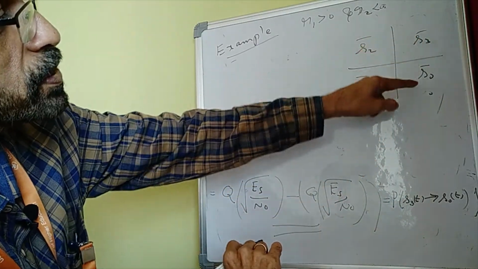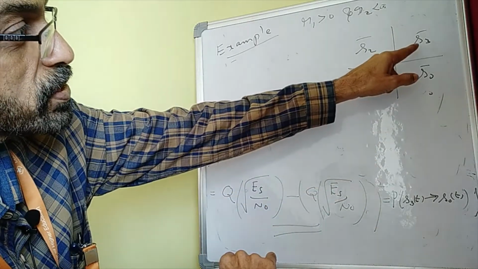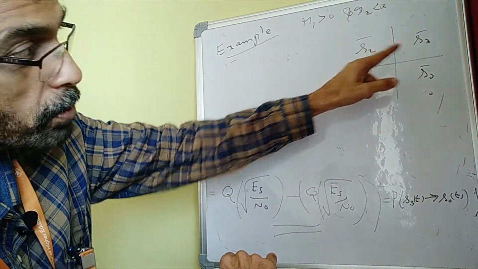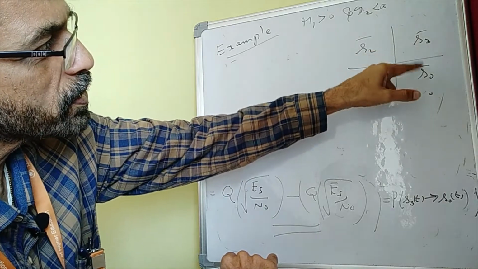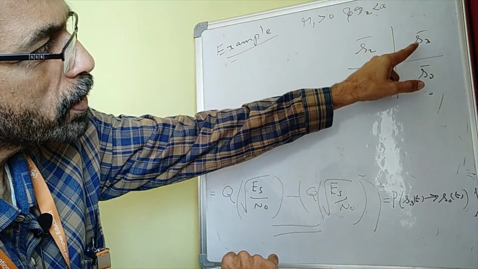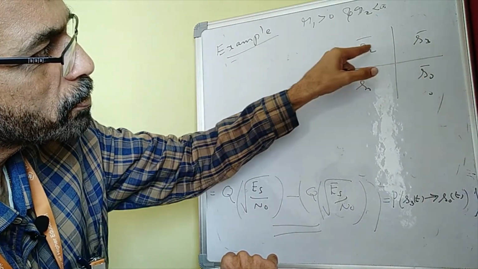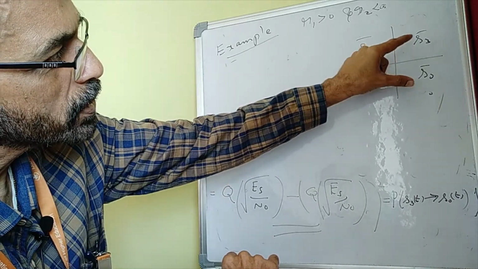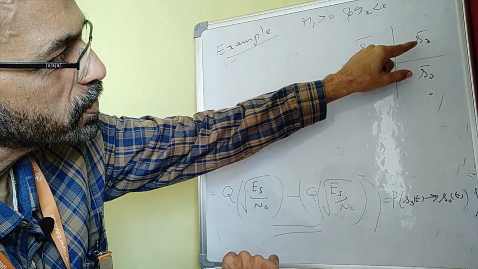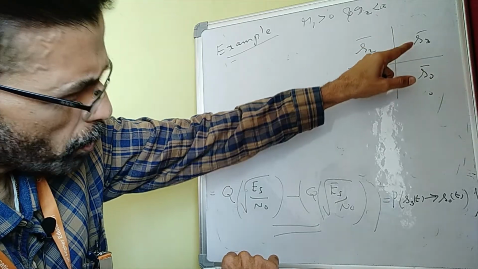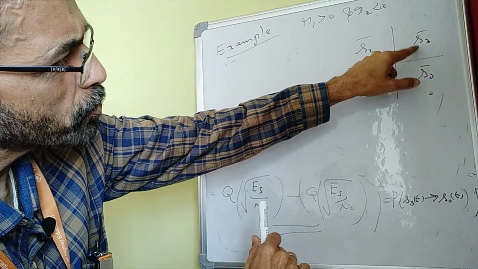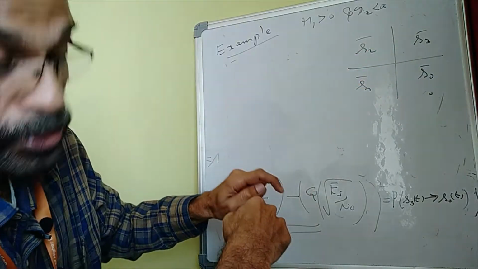S3T being detected as S0T, the probability is this. Now S3T being detected as S2T, the probability will be the same because you can see the symmetry. Even if you calculate again, you'll end up with the same result. So S3T being detected as S0T has the same probability as S3T being detected as S2T.